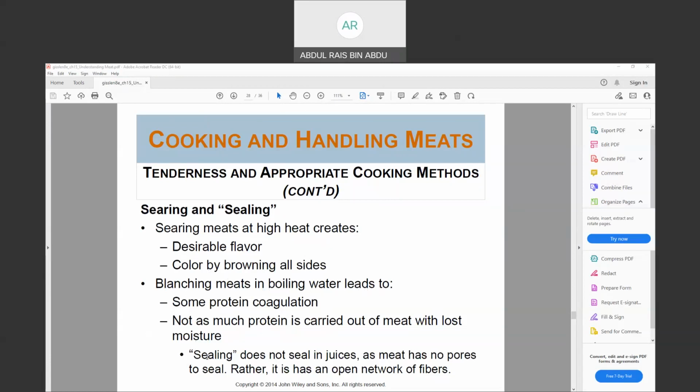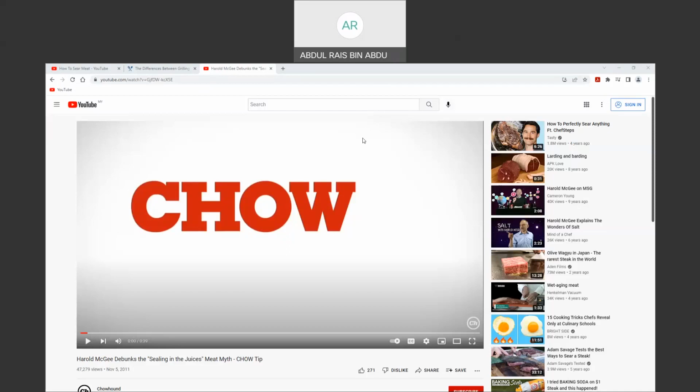All right. Sealing does not seal the juice in as meat has no pores to seal. Rather, it has an open network of fibers. Okay, let's look at the video of searing process. Yeah. All right. This short video basically clarifies the concept of searing and sealing in meats.